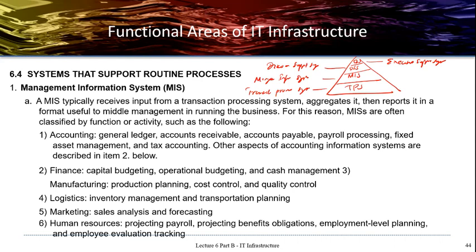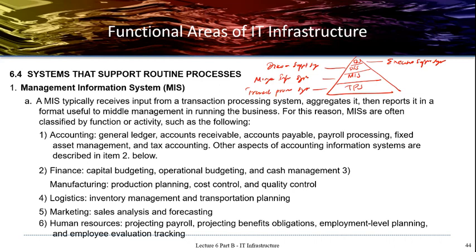So that aggregates and then reports in a format useful for middle management to run the business. For this reason, MISs are often classified by function or activities such as accounting: general ledger, accounts receivable reports, accounts payable reports, payroll processing report, fixed asset management, and tax accounting. The other aspect of accounting information systems are described in the second one, finance, like capital budget, operational budgeting, and cash management.